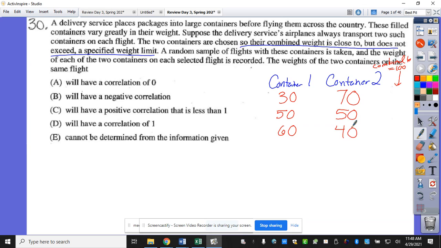So as my container 1 increases, what happens to container 2? And I think it was hard in the wording to understand that that's what the problem was asking. But once you thought about it that way, then this is an easy problem. Obviously, the bigger my container 1 is, the smaller my container 2 has to be, which means the answer is what?